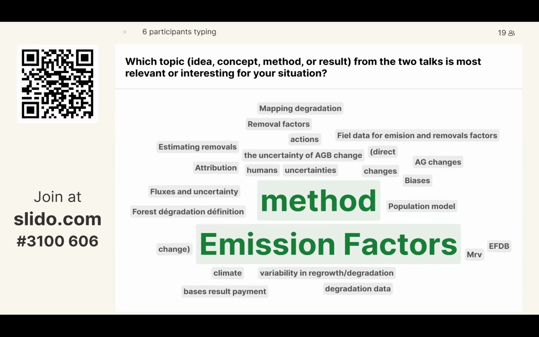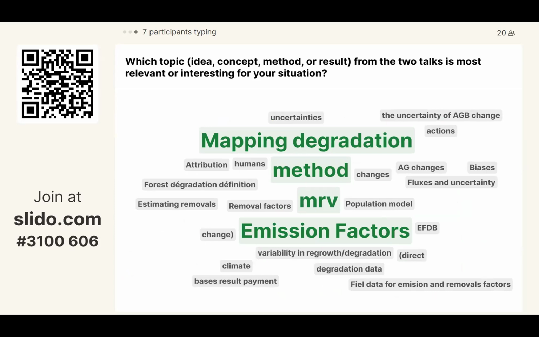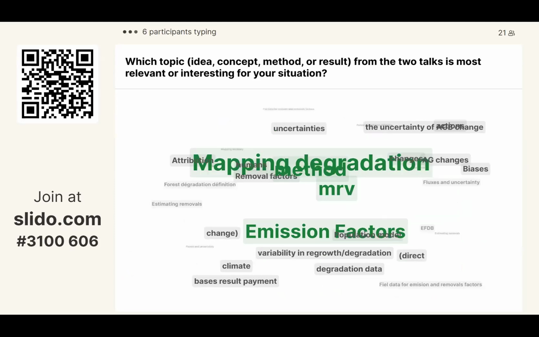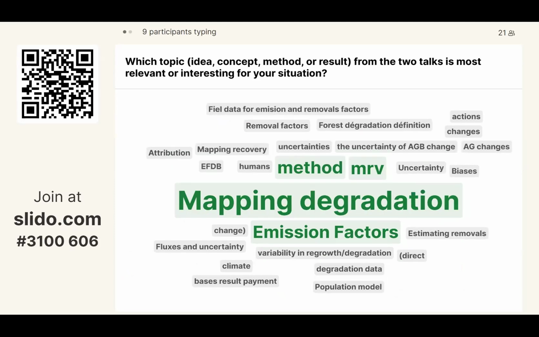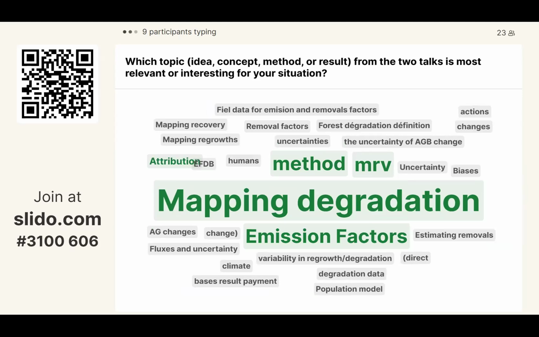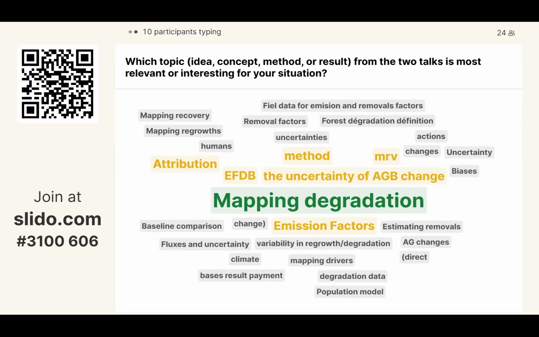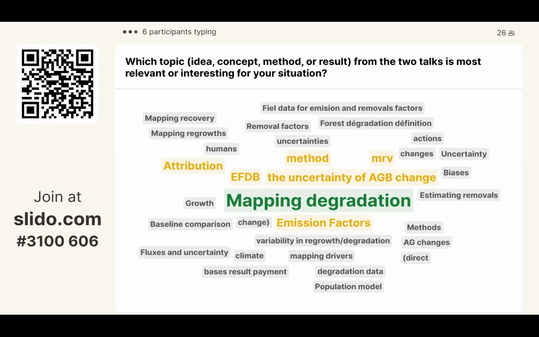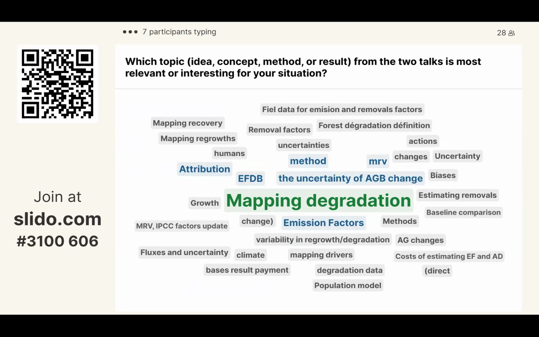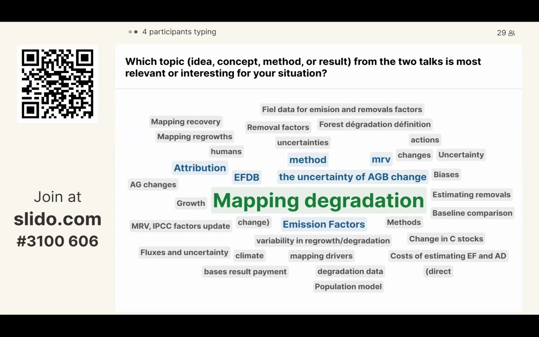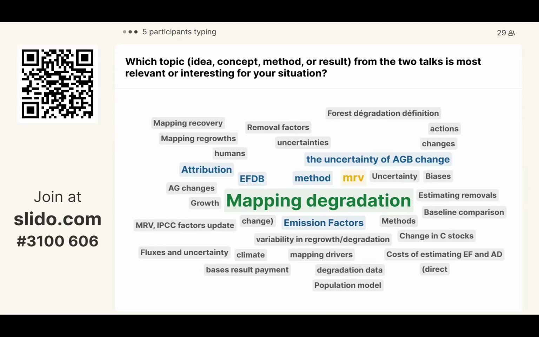Nice. Let's give it a few more seconds. All right, I still see the number of people logging in, so let's give it a little bit more time. So here we go. A lot of interest around mapping degradation, about emission factors, uncertainty. Yeah, uncertainty is a recurring theme here as well. Like biases.